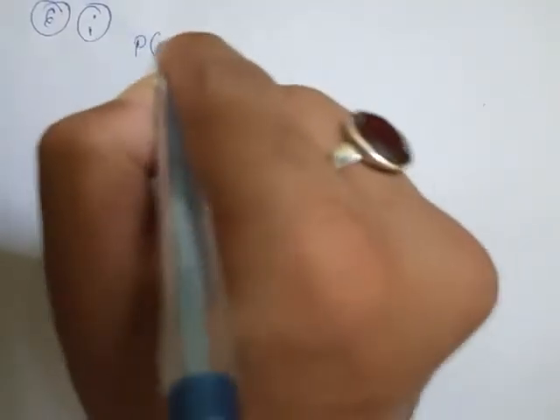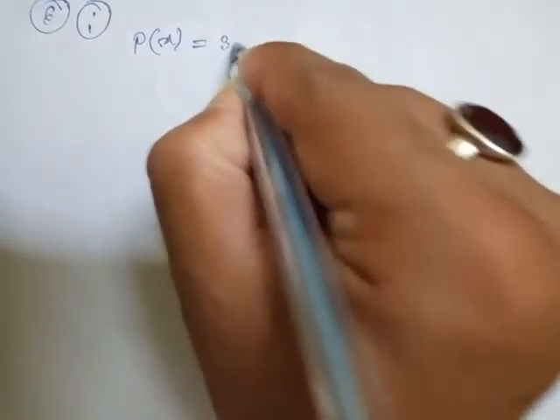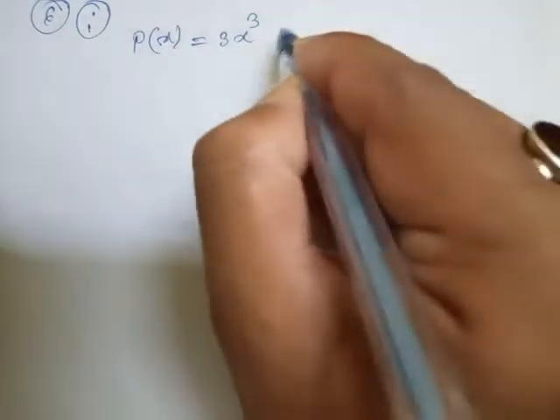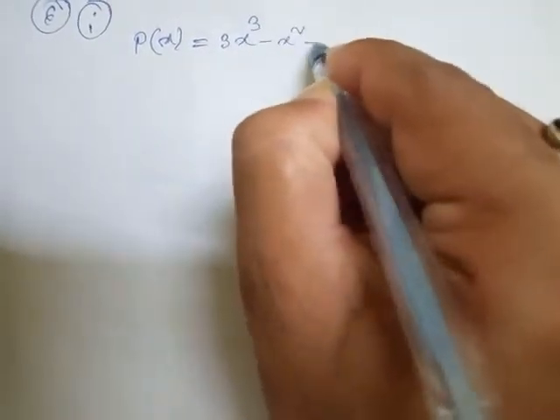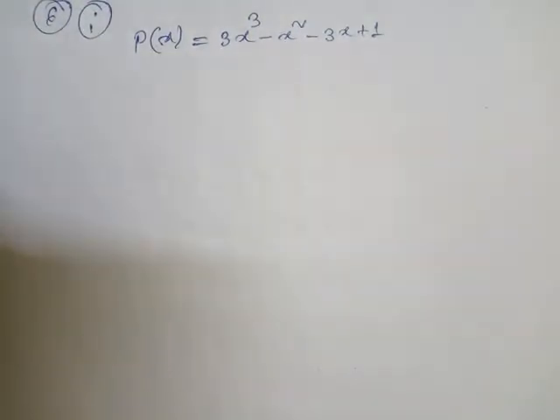Look student, we're going to solve 6 Roman 1 of exercise 2.3. Now look, p(x) equals 3x cube minus x square minus 3x plus 1. This is the polynomial.